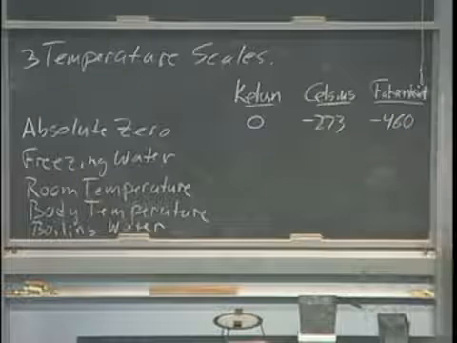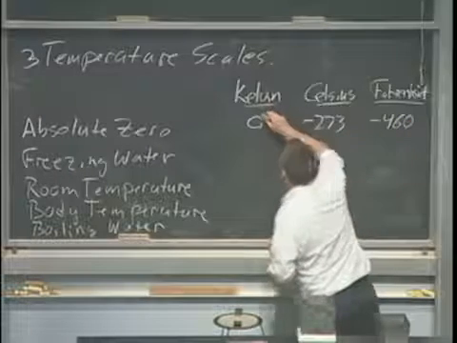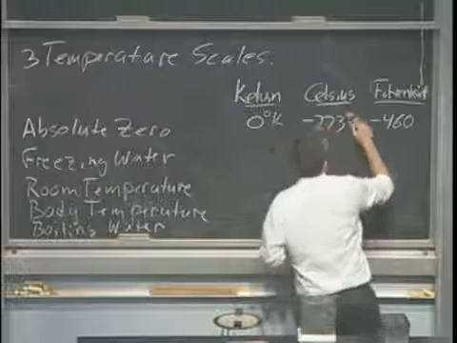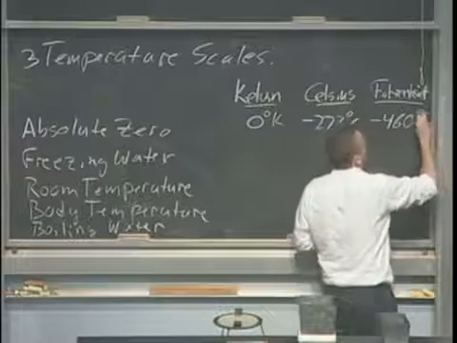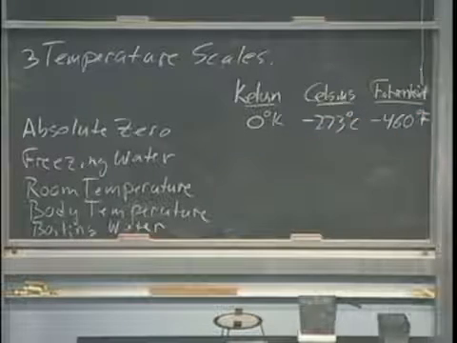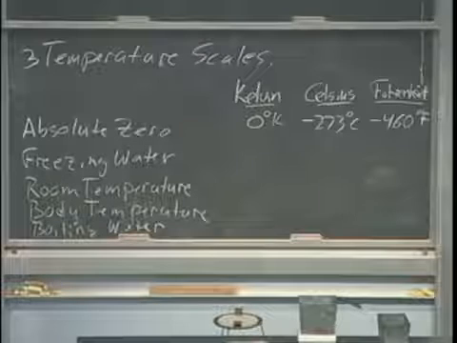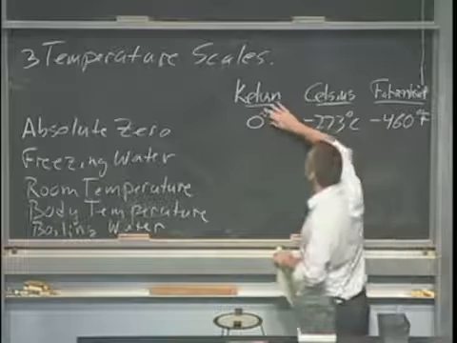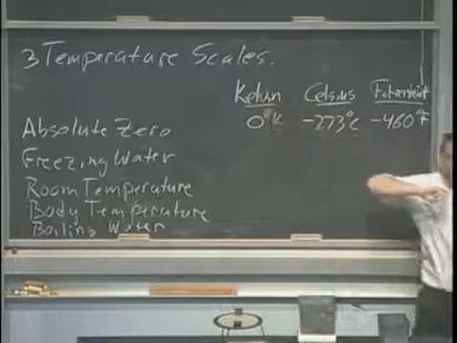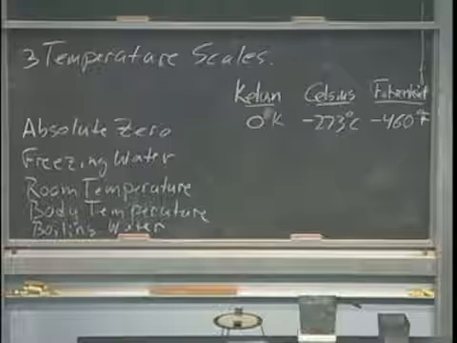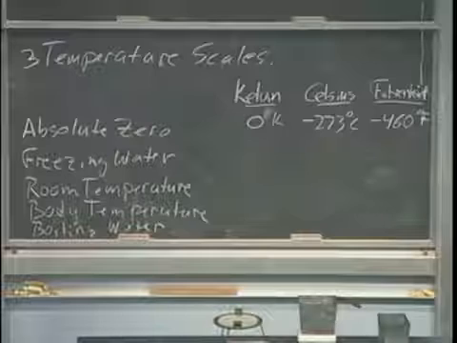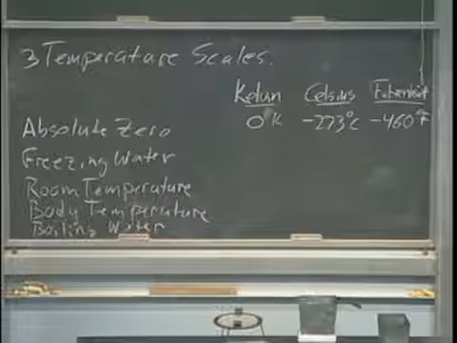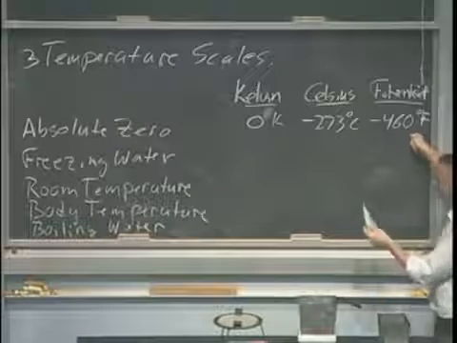So this we would call degrees Kelvin, degrees Celsius, and degrees Fahrenheit. That's right, we don't use degrees on Kelvin. So 0 Kelvin, minus 273 degrees Celsius, and minus 460 degrees Fahrenheit.